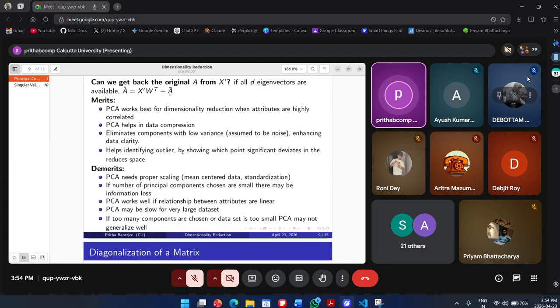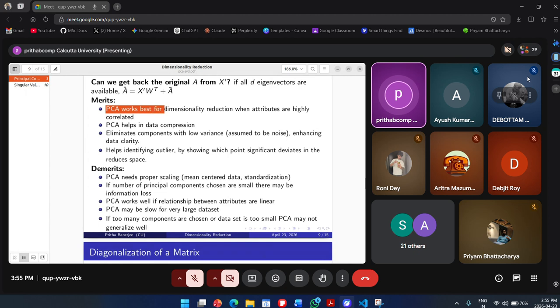But theoretically, yes, if you have really high precision machine computations, then you can get the original, if you use all D eigenvectors, not the K eigenvectors, meaning the original dimensions of the data.